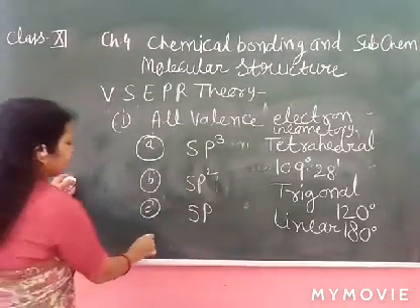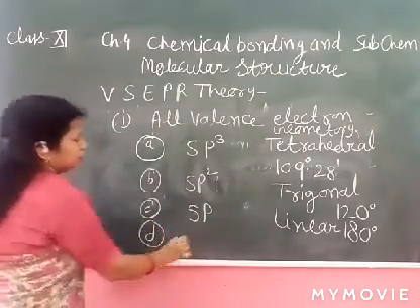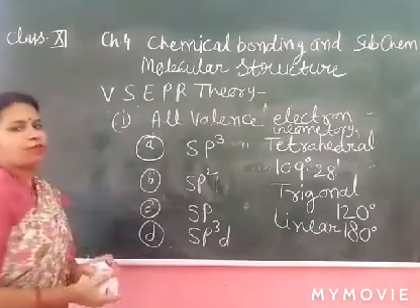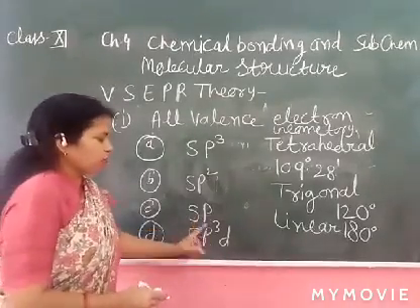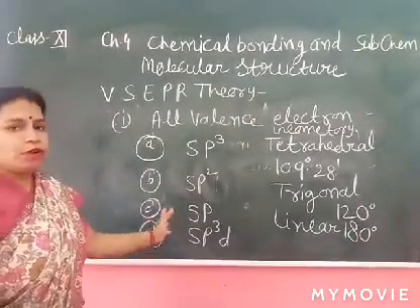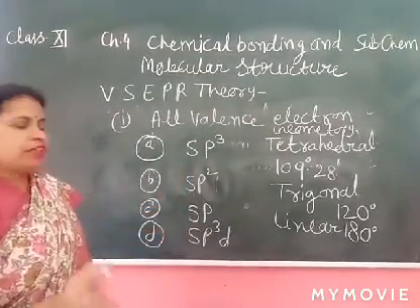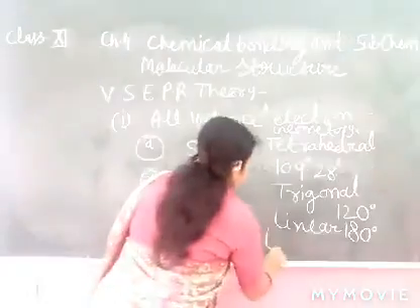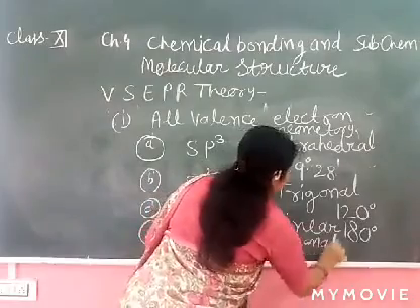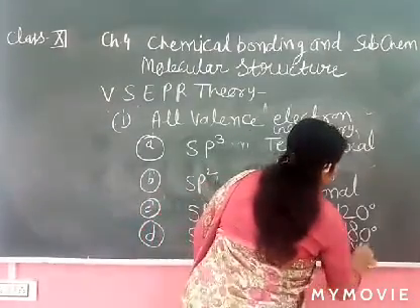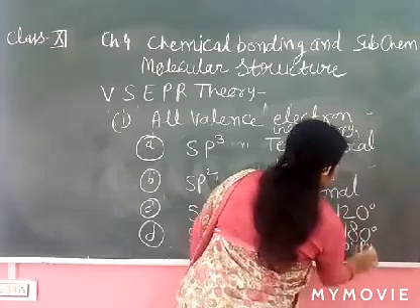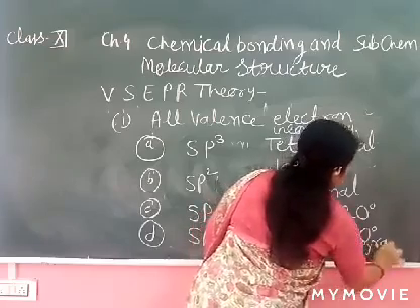Next, sp3d. Five sigma bonds are present on the central atom, and all electrons participate. The geometry is trigonal bipyramidal.